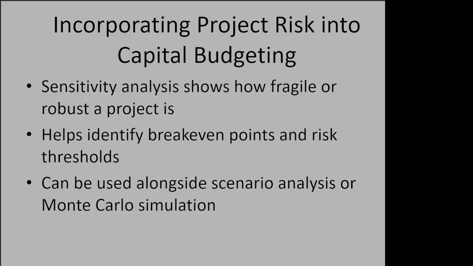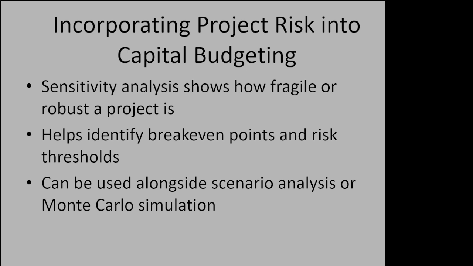Incorporating project risk into capital budgeting. Sensitivity analysis plays a key role in measuring and incorporating risk into capital budgeting. It shows how vulnerable a project is to changes in key assumptions. For instance, if a small increase in operating costs causes your NPV to turn negative, that's a huge red flag.